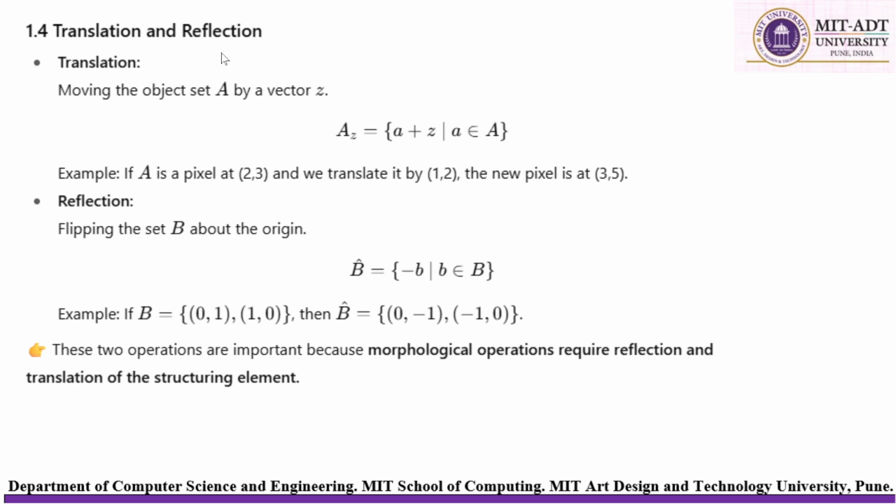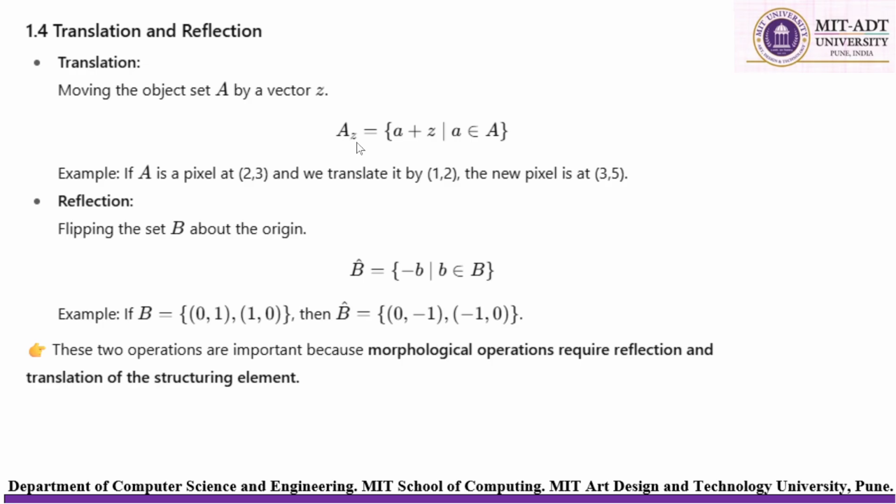We have a few more operations, that is translation and reflection of images. Translation denotes moving the object set A by some particular vector z.